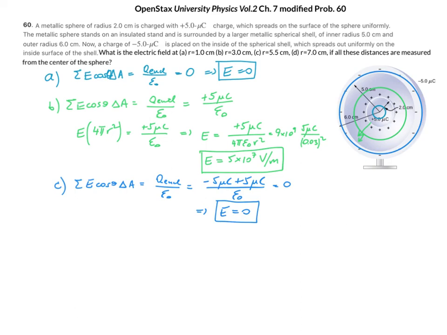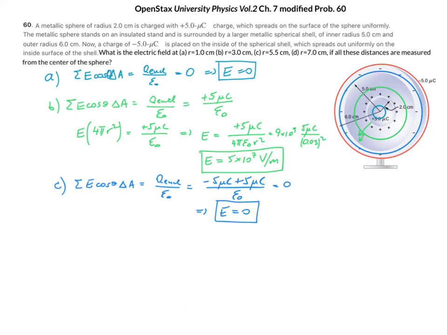In the last part, now we want the electric field at a distance of 7 centimeters, so that is outside the shells, so somewhere out here. I should make that bigger if I can. I don't know how. All right, so we want the electric field outside the sphere.